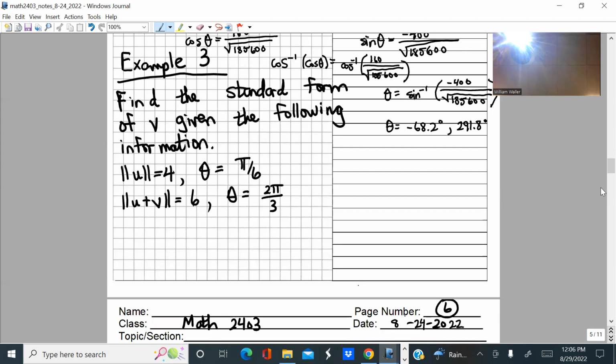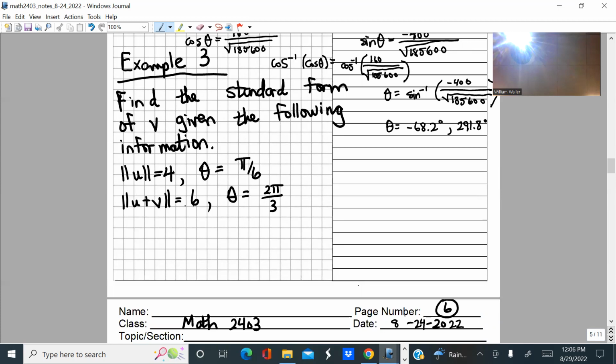So what information are we given? It's really strange. You're told that if you take this other vector u and add it to v, the magnitude of that sum, remember that's also called the resultant vector, will be 6. Okay, so we don't know what the vector u is either.